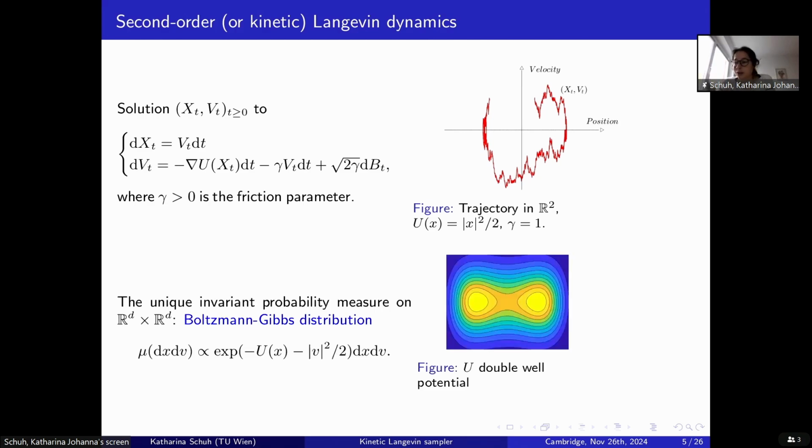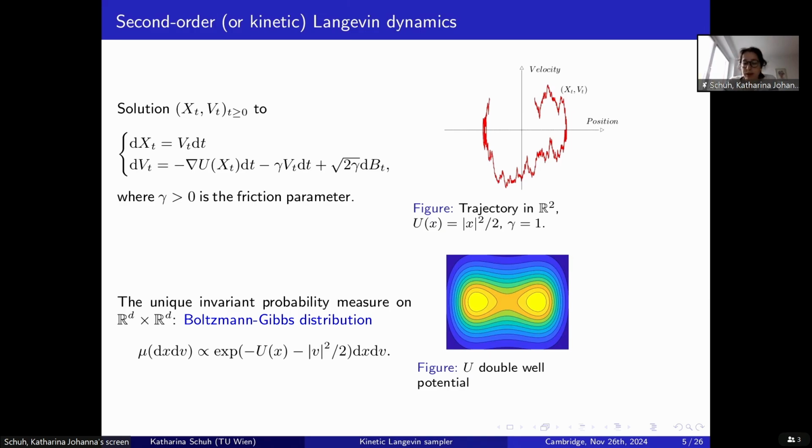And so why do we look at these dynamics? The nice thing of these dynamics is that it has a unique invariant probability measure, the Boltzmann-Gibbs distribution. And here you see already for this Boltzmann-Gibbs distribution that in the X marginal, we directly have our target measure mu we want to sample from.